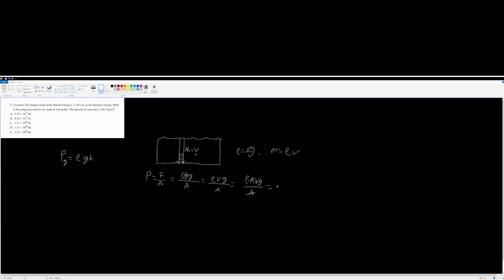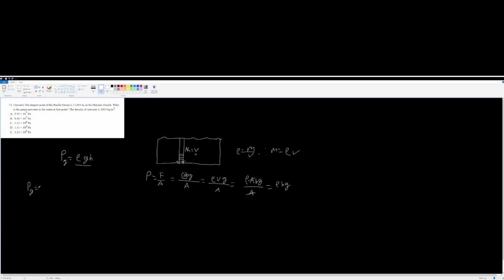These two A's cancel. This equals rho times h times g. So the pressure of this slice of water, and no matter what slice it is, is going to be this rho times h times g, and that's going to be derived from the same place for each individual column. So now we get back to just analyzing the body of water, and we know the pressure equals rho g h, and we can just plug and chug.